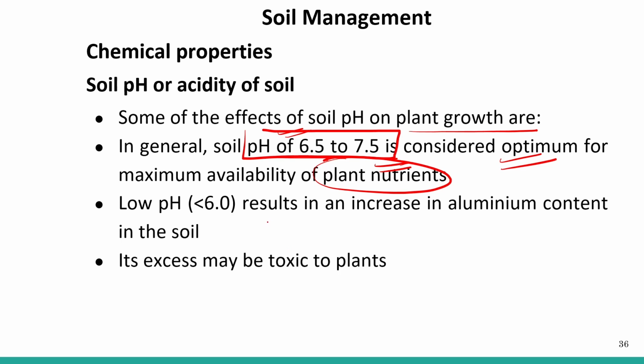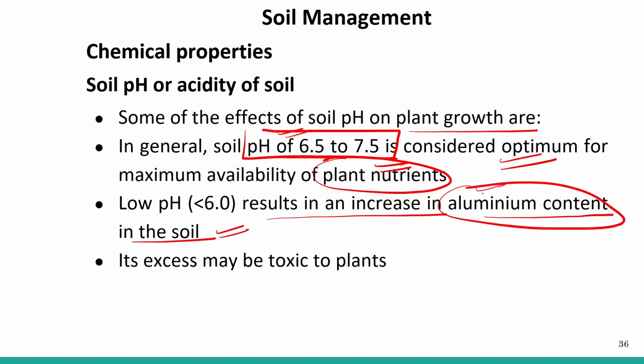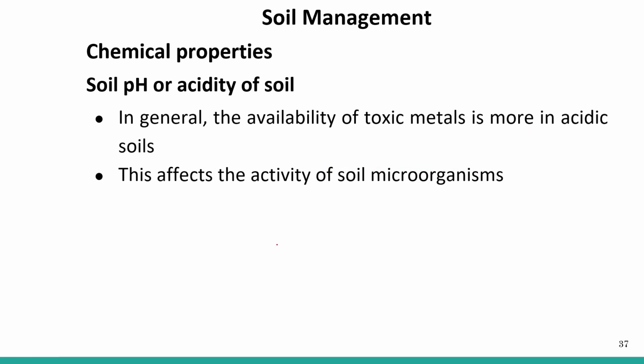Low pH, that is lower than 6, results in an increase in the aluminium content in the soil. Aluminium content in the soil increases at lower pH. Its excess may be toxic to the plants. If a lot of aluminium is present, then it may be toxic to the plant. So in general, the availability of toxic material is more in acidic soil.